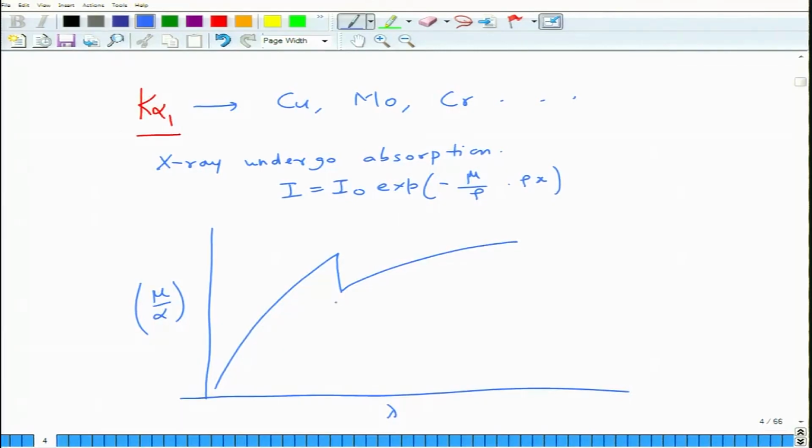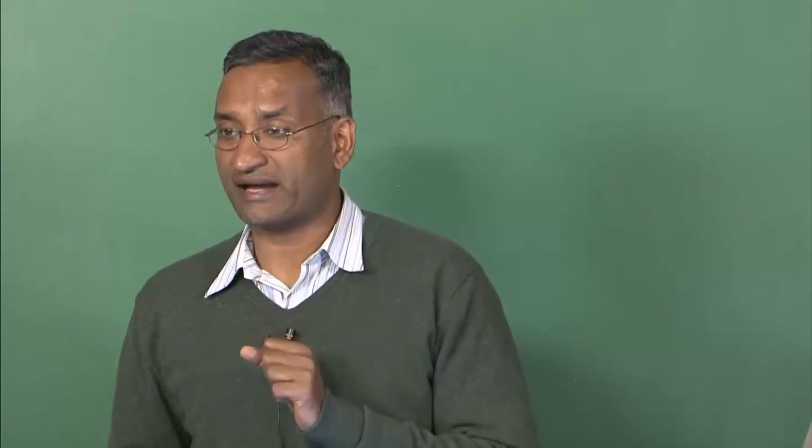So this basically is the point where absorption suddenly decreases, depending upon how you look at it. This is called the absorption edge. The absorption edge corresponds to the energy when E is greater than Ek, when the energy of the incident photon is higher than the K binding energy.